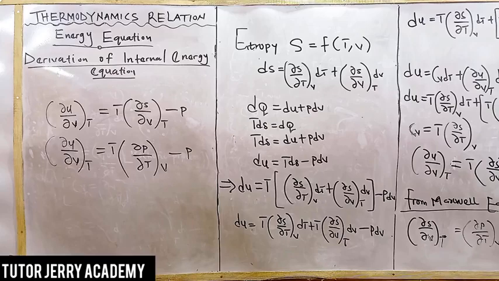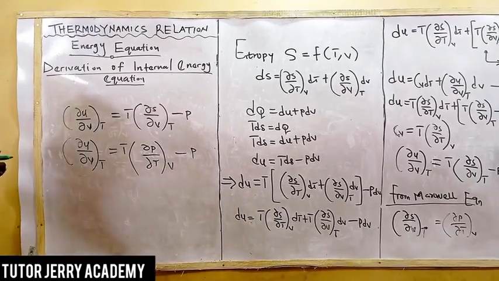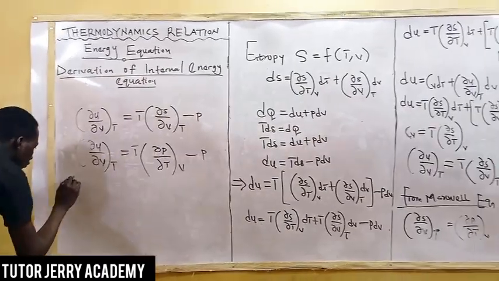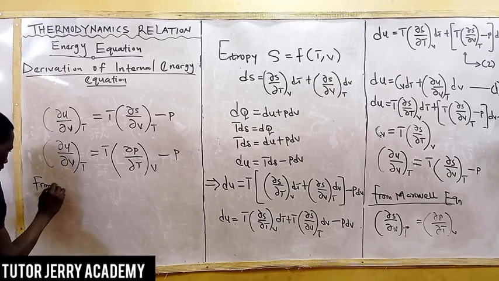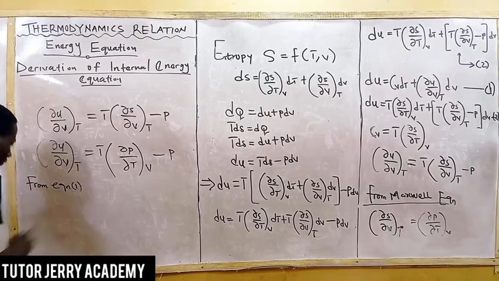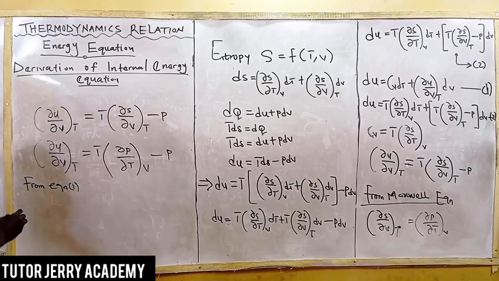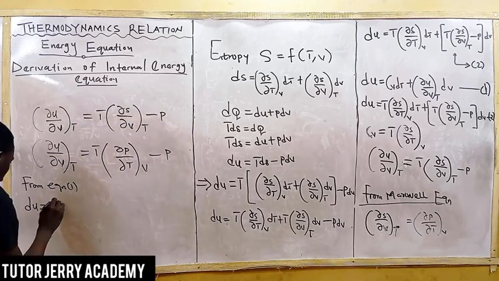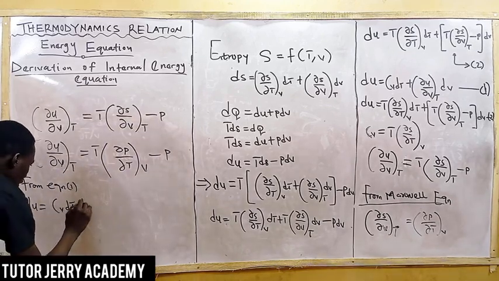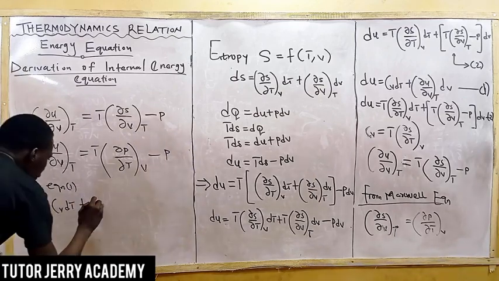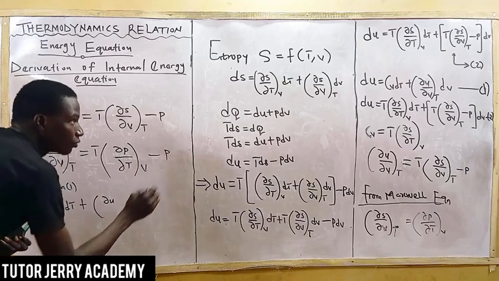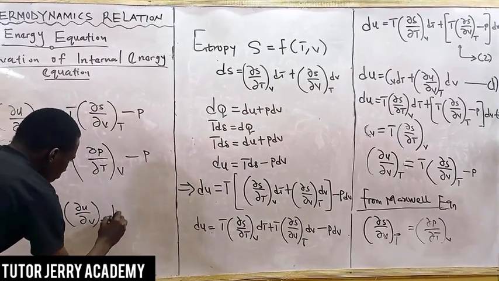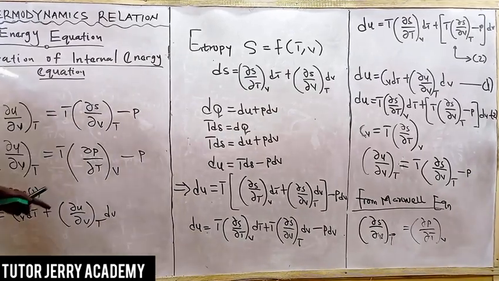Now, if you recall from our first equation, equation 1, we said that du is equal to Cv dt plus the partial derivative of u over v, keeping t constant, dv. From our first equation, this is what we have.